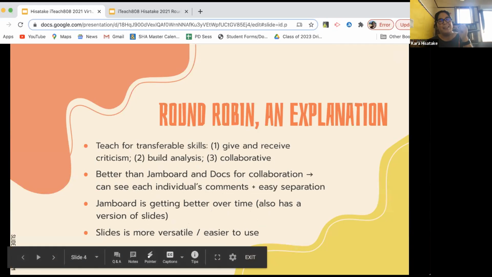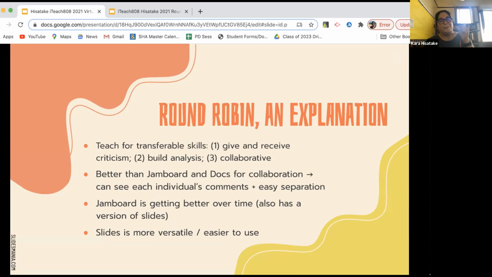So round robins are really useful for these kinds of things. One, giving and receiving criticism. Two, if you build it into the way that you're using it, you can use it to help build analysis skills. And three, it's really, really collaborative.